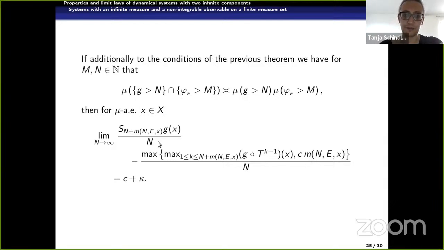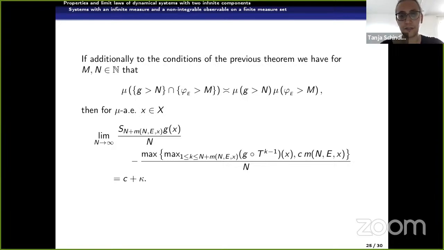It's also valuable to mention that now we divide by n, which usually, if we have an infinite measure set, we have to divide by something smaller than n. If we have a finite measure set and a non-integrable observable, then we have to divide by something larger, and now this balances each other out exactly.